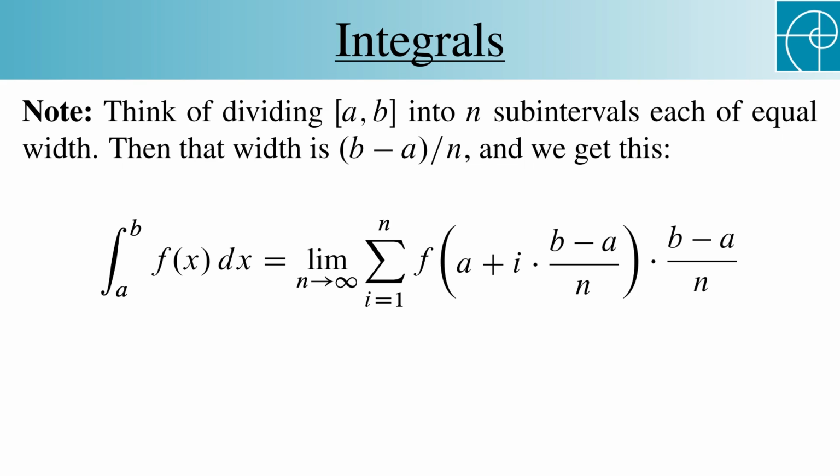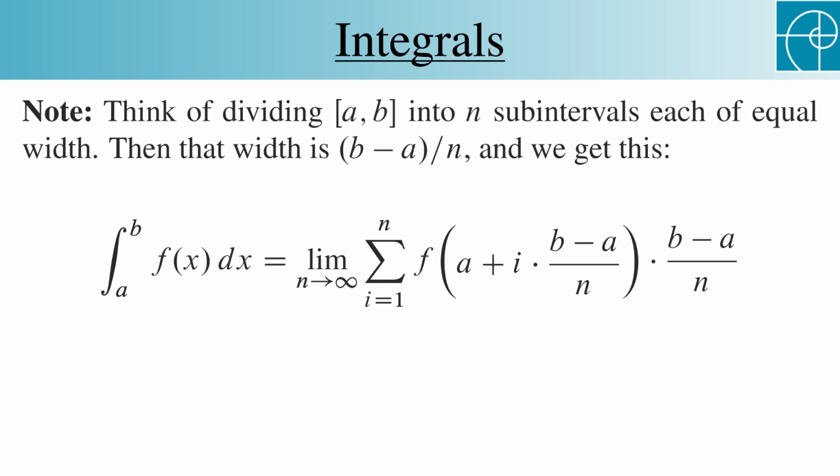The integral from a to b of f of x dx is equal to the limit as n goes to infinity of the sum from i equals 1 to n of f of a plus i times b minus a over n, times b minus a over n. You should check that the expression inside the function is the expression for the right endpoint of the ith subinterval.